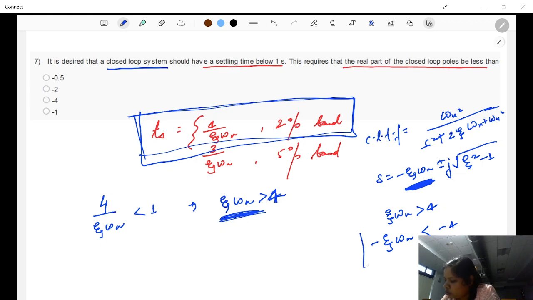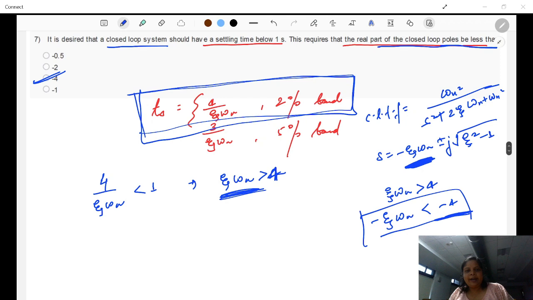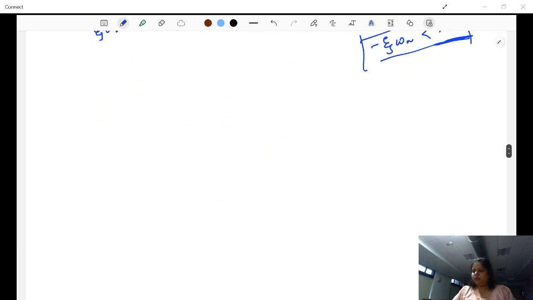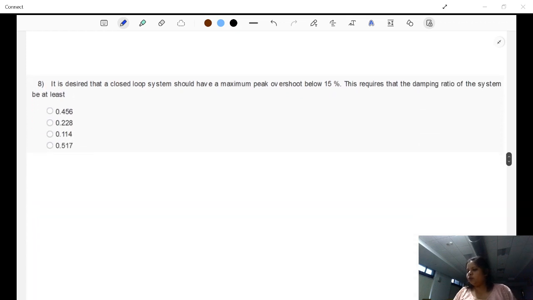Right? So the real part of the closed loop pole should be less than minus 4. So this is your answer. All right. I hope it is clear. I assume it is clear. So we'll move to the next question.